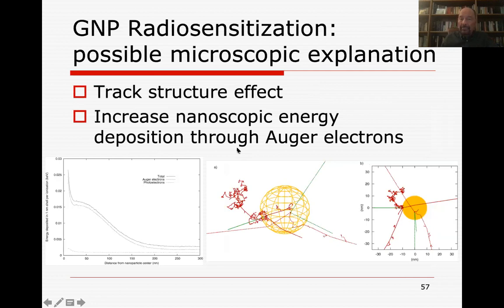The mechanism of the increase is probably due to the emission of Auger electrons from the gold, because now you have a high probability of Auger electron emission for these high Z materials like gold, and these Auger electrons will have a strong effectiveness because they are low energy around these nanoparticles.